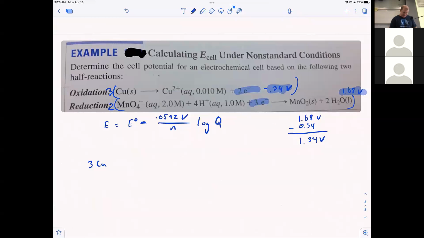3 coppers plus 2. I'll put in the states. I'll be proper today. I normally don't.